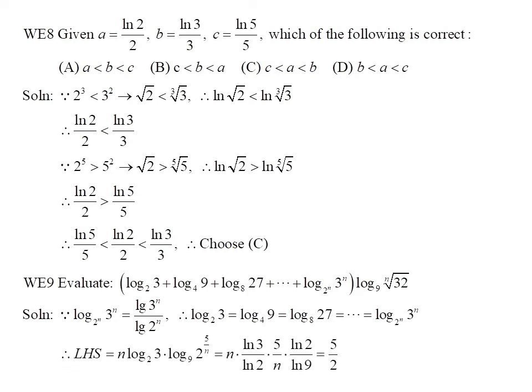Hence, the original expression equals n multiplied by logarithm base 2 of 3 multiplied by logarithm base 9 of 2 to the fraction of 5 over n, which equals 5 over 2 after being simplified.